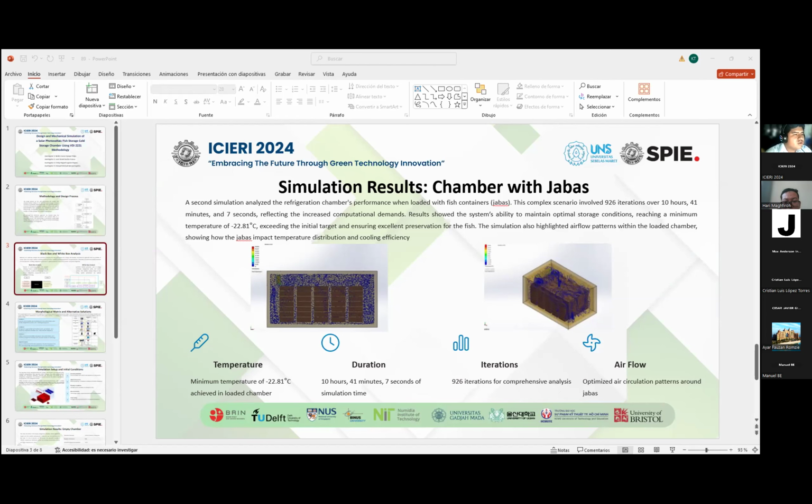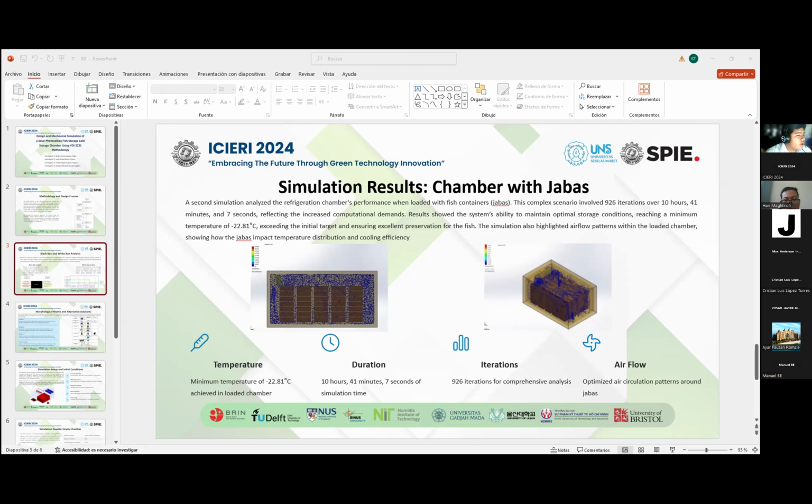The simulation also highlighted airflow patterns within the loaded chamber, showing how the loads impact temperature distribution and cooling efficiency. Minimum temperature of 22.1 degrees Celsius achieved in the loaded chamber.